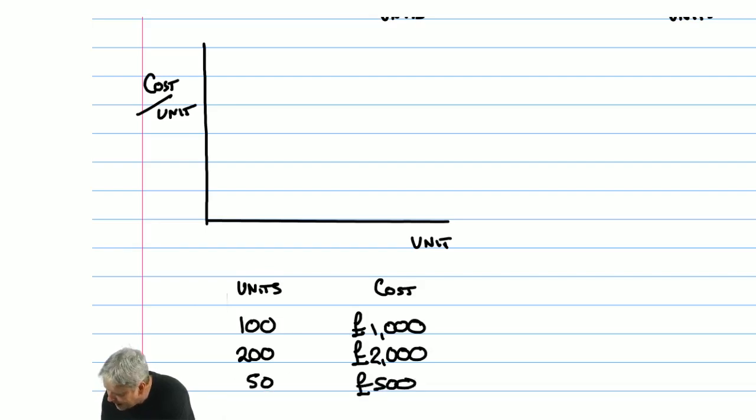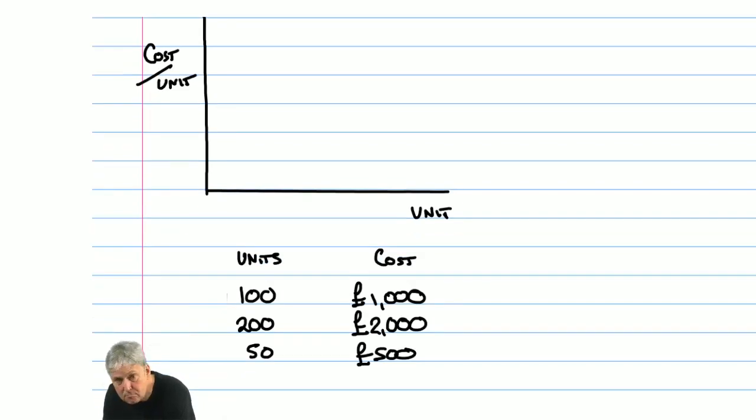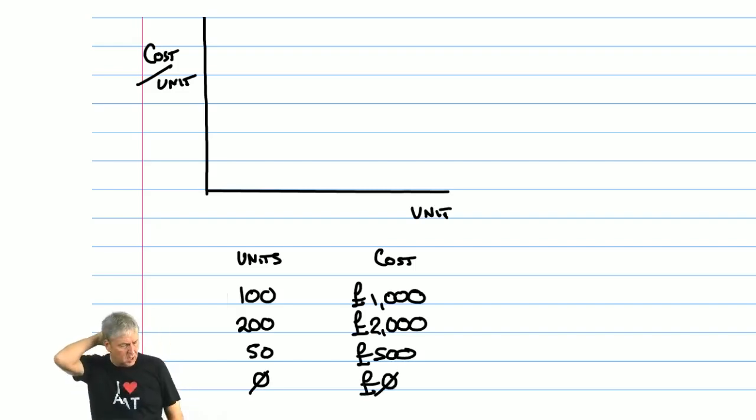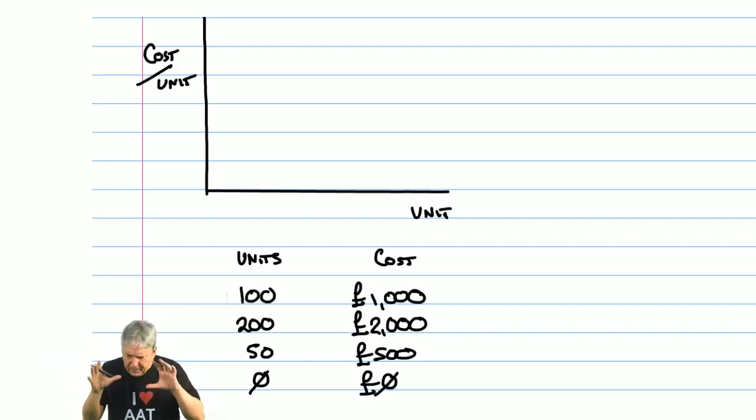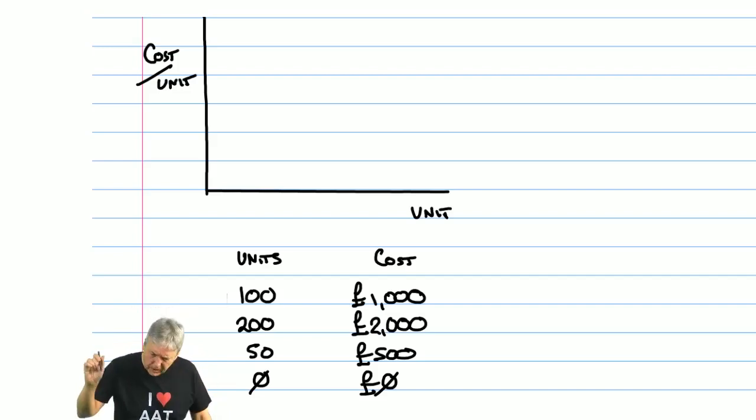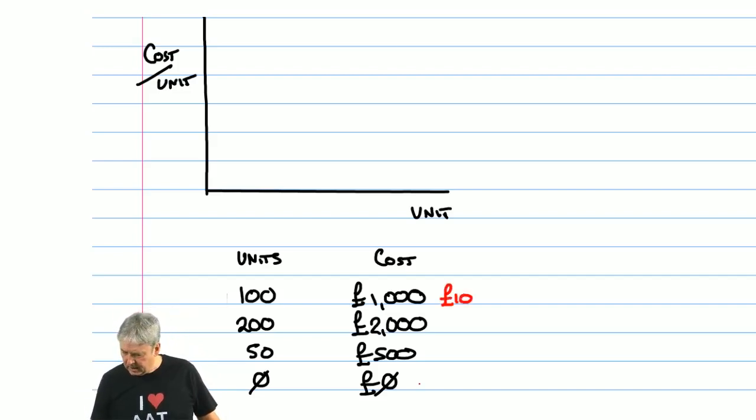Does that make sense to you? Are you happy with that? Yeah. And I suppose you can say 0 and 0. Yeah. Okay. What I want to say is, well, look, if that's the sort of illustration of a variable cost, does that make sense to everybody? To get the cost per unit, we divide the cost by the unit, and what we get is 10, and we get 10, and we get 10, and although we can't really prove it, we get 10, don't we?